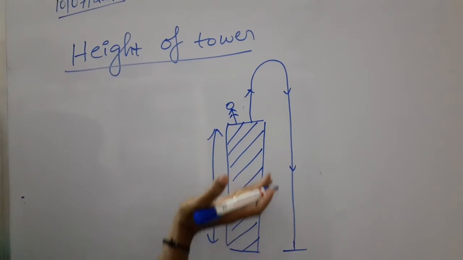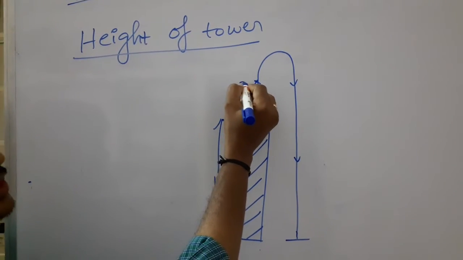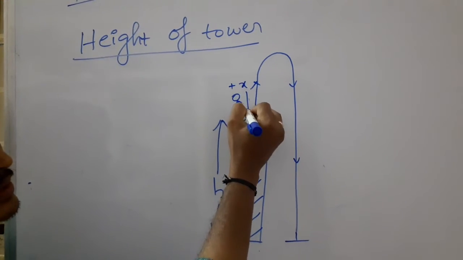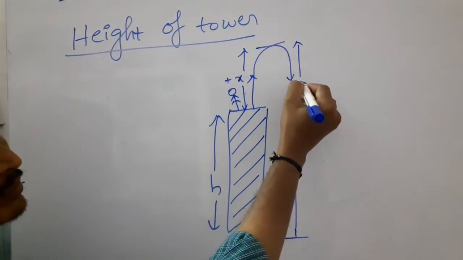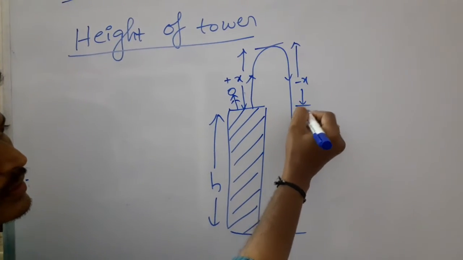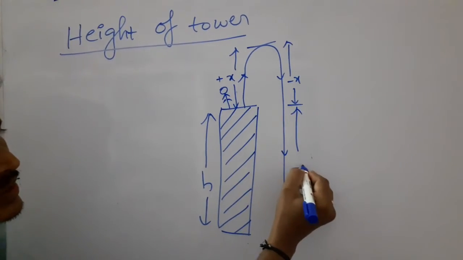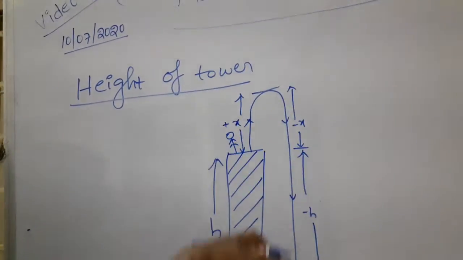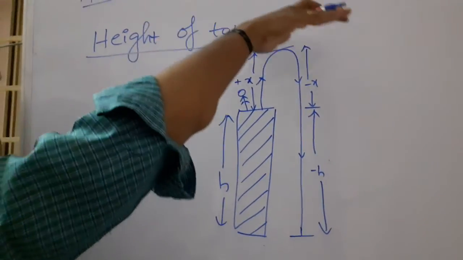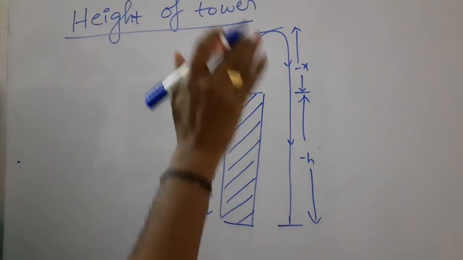When we are measuring distances, up is considered positive. This is +h, here it is -h, next minus of h. The distance measured up is considered positive, and the distance measured down is considered negative.